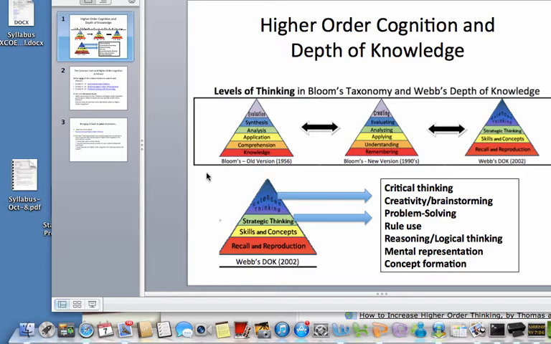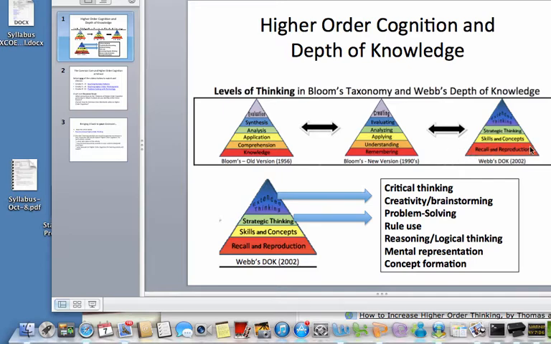The way that research has developed, the way that understanding students' and adults' thinking has developed, and the way the concept itself has been pushed upon and shifted. Then we have Webb on the far right side, and here we have extended thinking, strategic thinking, skills and concepts, and recall and reproduction.